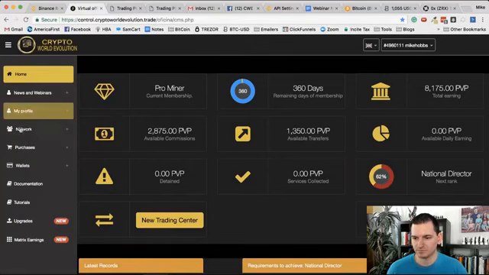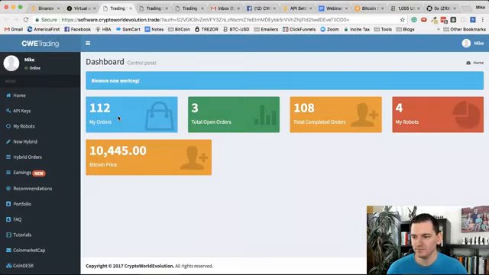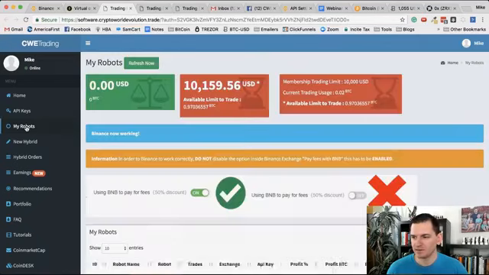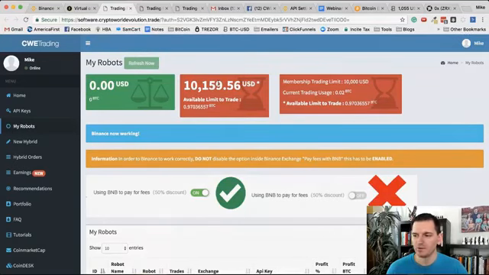Hold on. Oh, right here. It's new trading center. And I can go to my robots, and it might take a while to update. I don't know how they do that. It'll probably be like a few hours before it updates my account on what I can do. But once this says I have 15,000 available or whatever else I have available, then I will go ahead and just set up another bot trading $15,000 more.